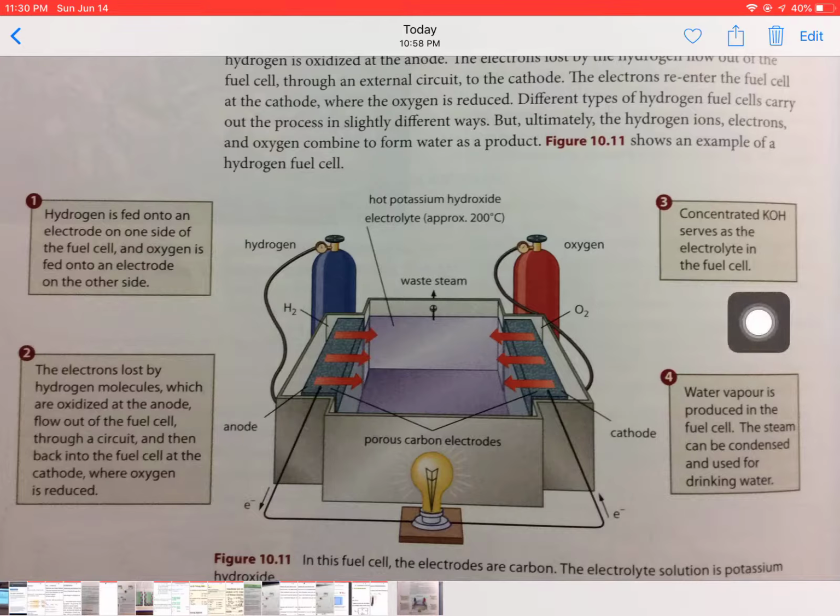Because basically, this is very expensive to make. To make hydrogen gas costs a lot of money, and the technologies that we use for making hydrogen gas are not easy to use. The other disadvantage is that it's explosive.